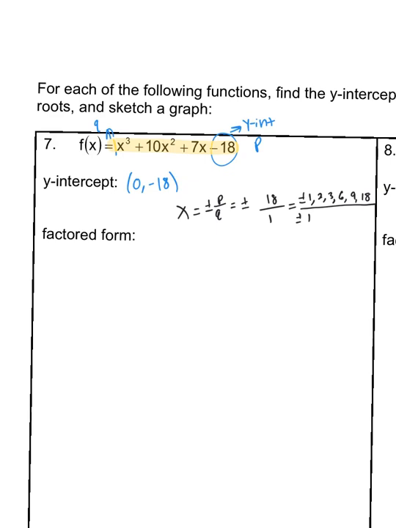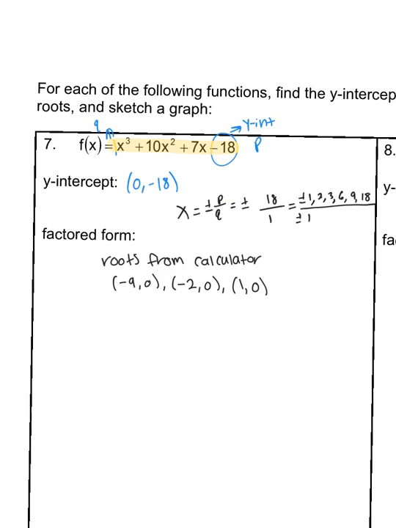The roots that I found, so these are from your calculator. You can rewind the video to hear the calculator instructions again. You should get negative 9, negative 2, and 1.